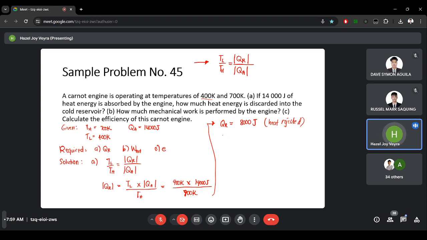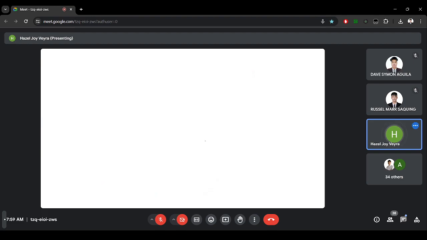Else, you have to write QR is equal to negative 8,000 joules since heat is rejected. So either of the two will do. Clear? So you can write this or you can write this.